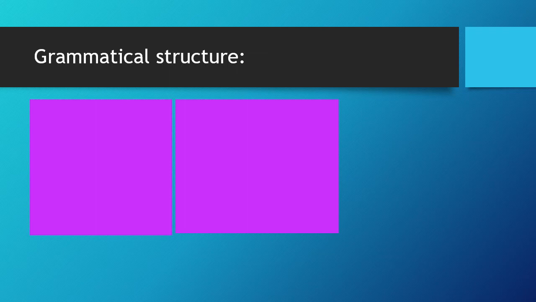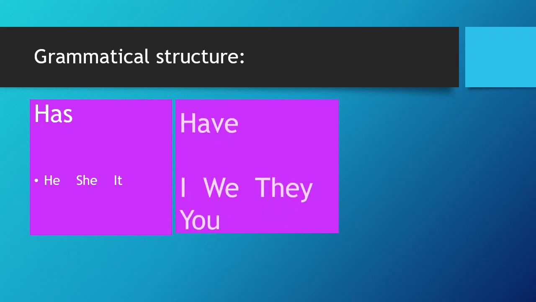So the grammatical structure in the sentences regarding present perfect tense and past perfect tense, we have some rules. While using has in the sentences, it comes with he, she, it, or any name, right?